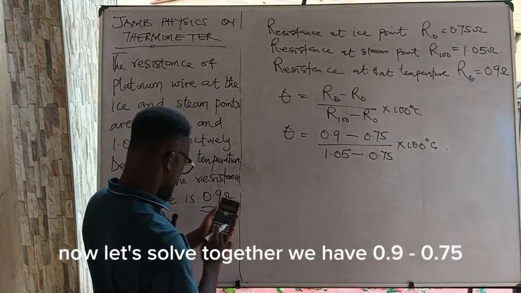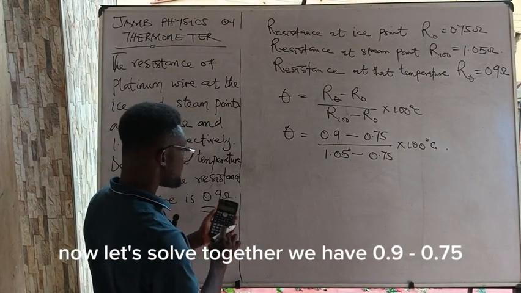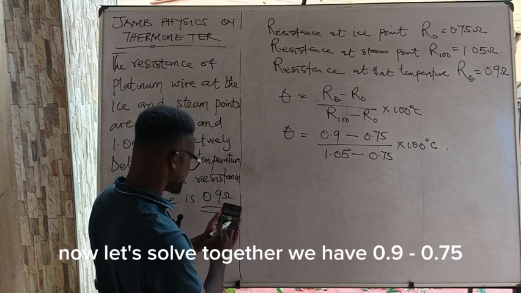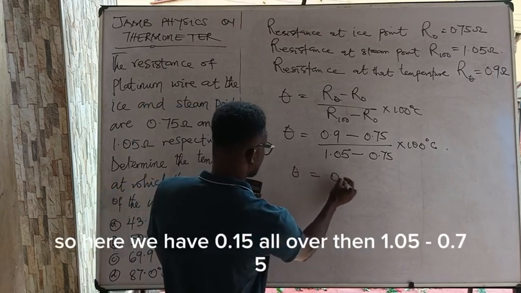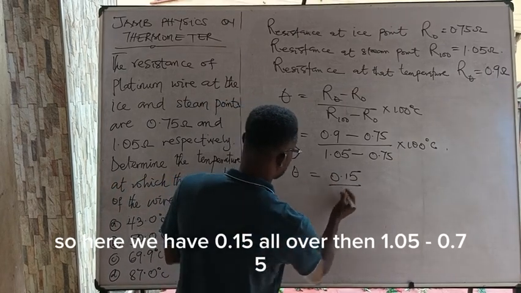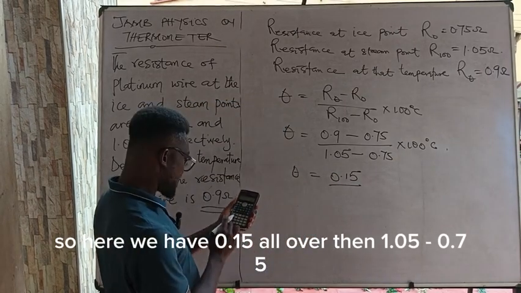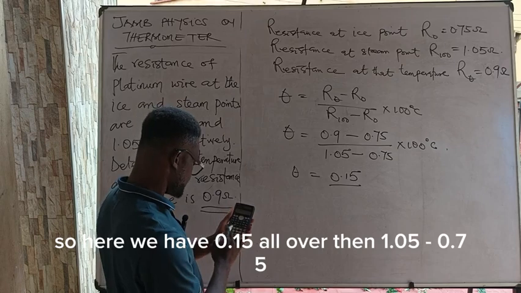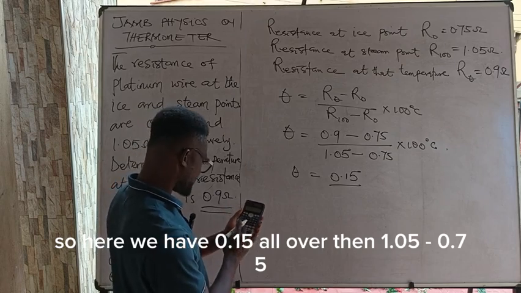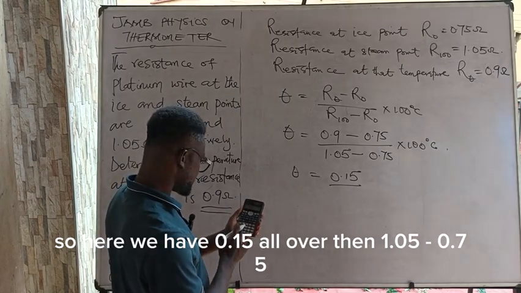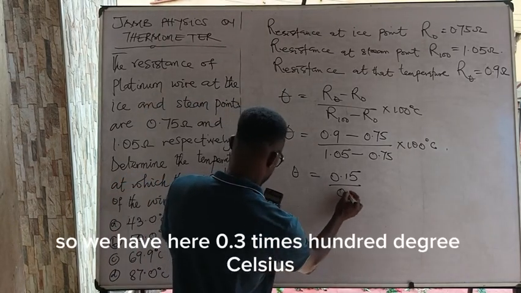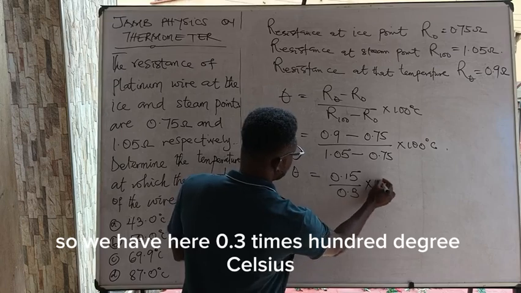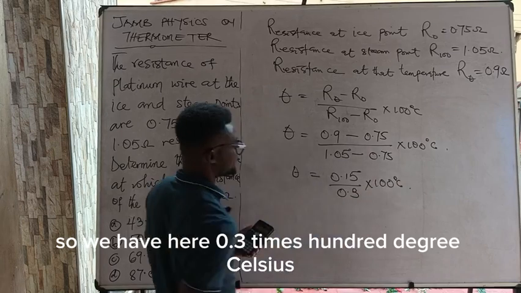We have 0.9 minus 0.75, so here we have 0.15, all over 1.05 minus 0.75. So we have here 0.3 times 100 degrees Celsius.